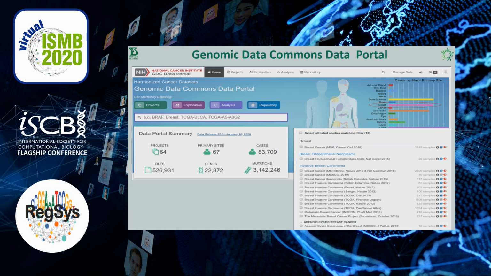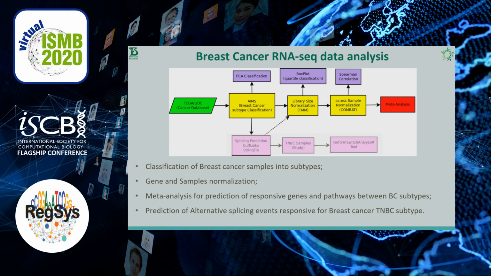Based on that, we have used the RNA-seq expression profile data from the GDC portal for breast cancer. For the RNA-seq data analysis, we have developed our own approach, summarized in this framework that can be organized in 3 main steps: the classification of breast cancer subtypes, the library size normalization and cross-sample normalization, followed by meta-analysis for the prediction of responsive genes and pathways for each breast cancer subtype.